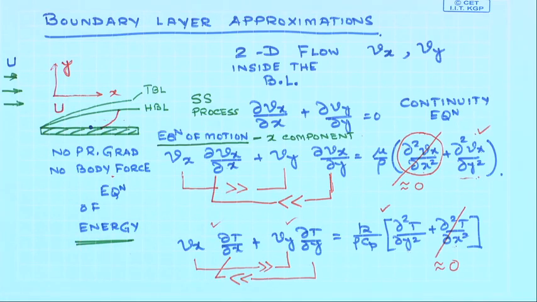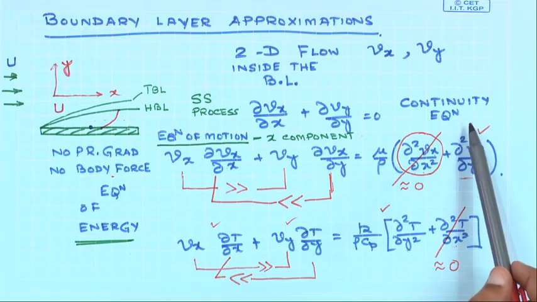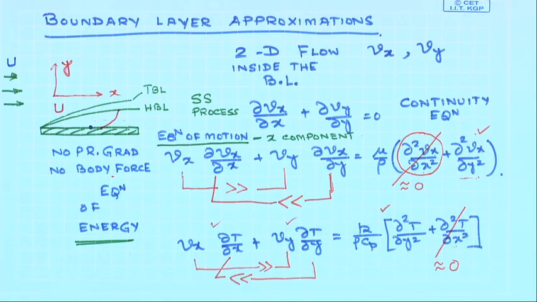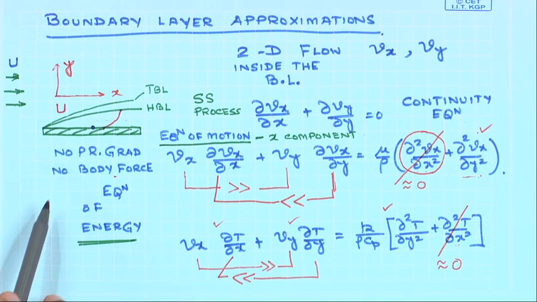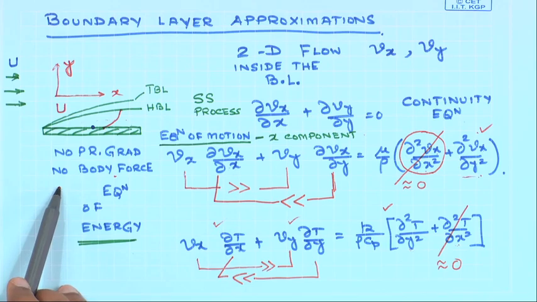So, what we have done here is we have written the equation for the momentum and the energy as well as the equation of continuity over here for a two-dimensional steady state flow without the presence of any imposed pressure gradient, or without the presence of any body force.